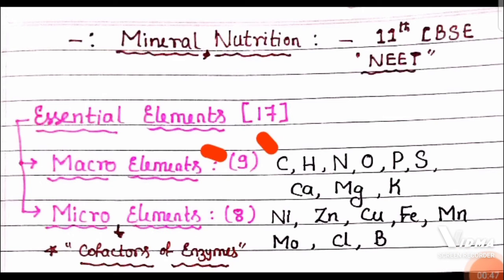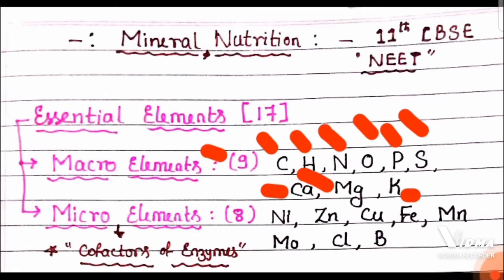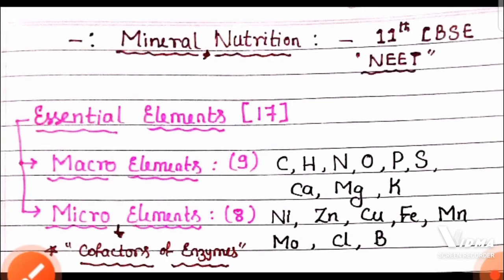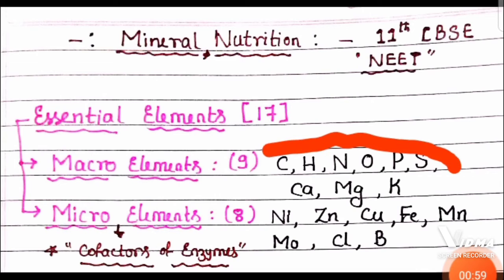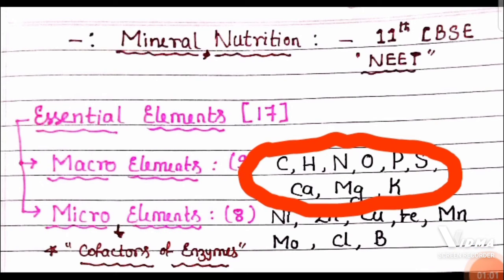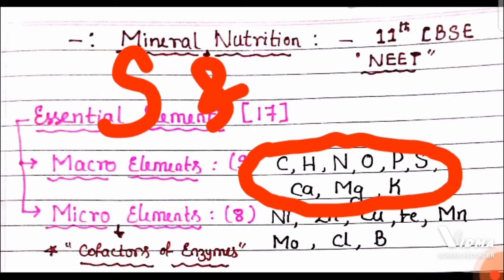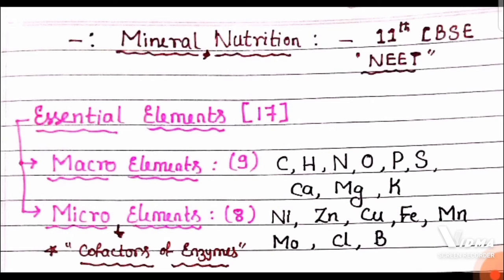They are carbon, hydrogen, nitrogen, oxygen, phosphorus, sulfur, calcium, magnesium and potassium. If you see clearly, all these macro elements are from S and P block elements. So easily you can remember these 9 macro elements.